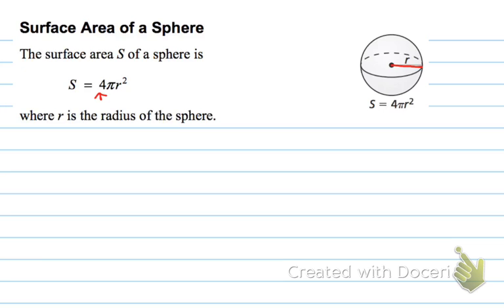This bit right here is just the area of a circle, pi r squared. So the surface area of a sphere is 4 of those, 4 pi r squared. Basically, whatever the area of this great circle here in the middle is, the surface area is 4 of them.